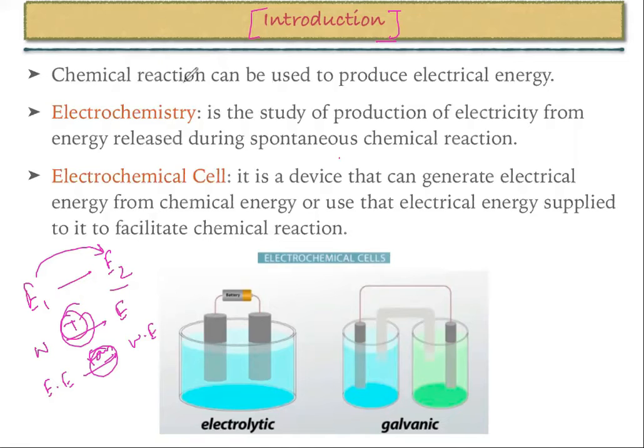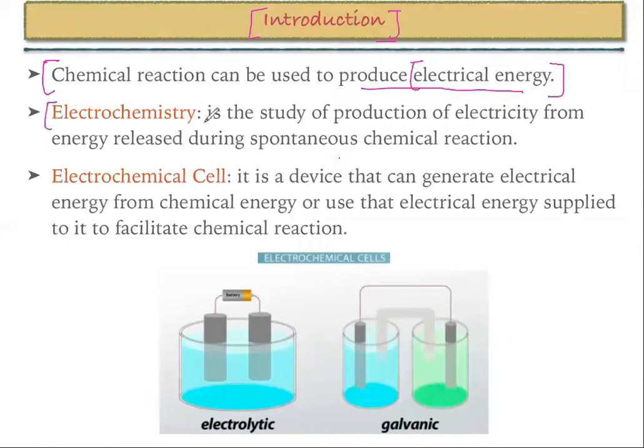Talking about chemical reactions, these chemical reactions can be used to produce electrical energy. For example, a battery. A battery is an example where a chemical reaction takes place and is converted into electrical energy, right? Now, electrochemistry is the study of the production of electricity from energy released during spontaneous chemical reactions.